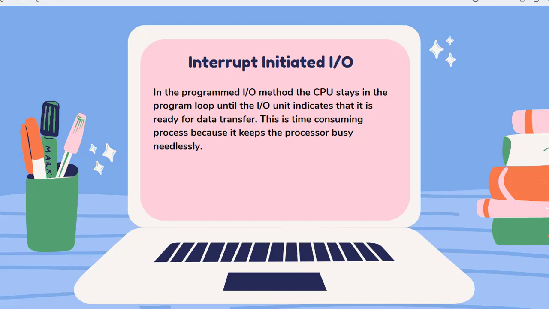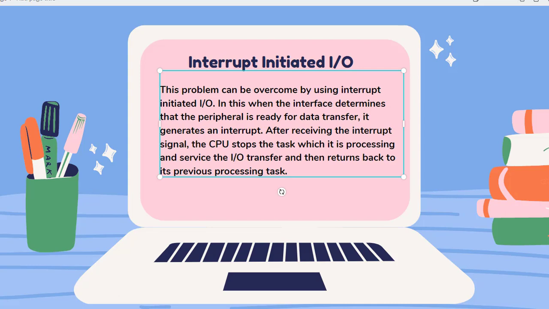Next one is the interrupt-initiated I/O. In the programmed I/O method, the CPU stays in the program loop until the I/O unit indicates that it is ready for data transfer. This is a time-consuming process because it keeps the processor busy needlessly. But this problem can be overcome by using interrupt-initiated I/O.